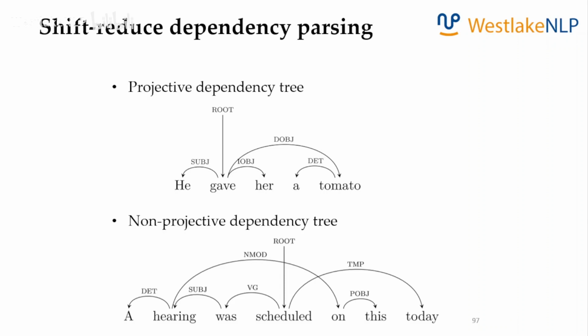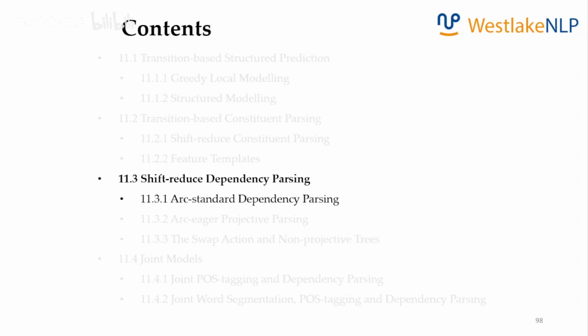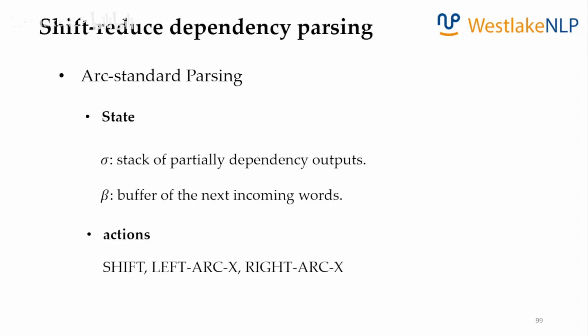Okay. What is the arc standard parser? Let's first define the state. It consists of a stack and a buffer. I won't repeat the introduction, but the actions consist of three types. One is shift, one is left arc X, one is right arc X. Their purpose is shown in the next slide.